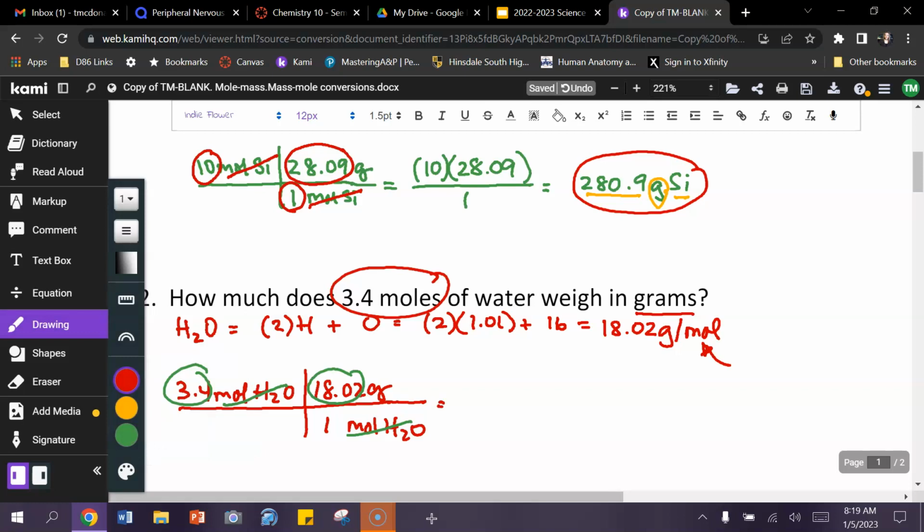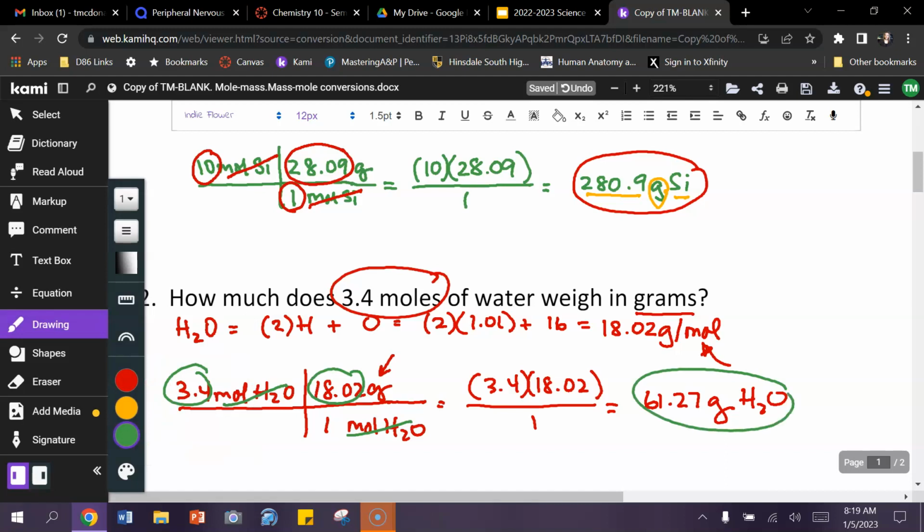So we get 3.4 times 18.02 divided by 1, and this is equal to 61.27 grams, because that's what I'm left with at the top, of water. And I'm going to go ahead and circle my answer.